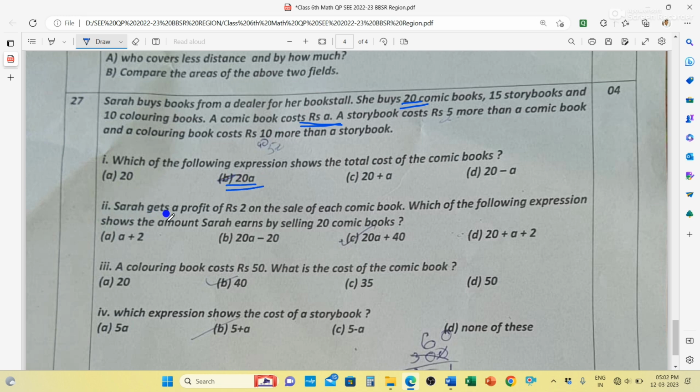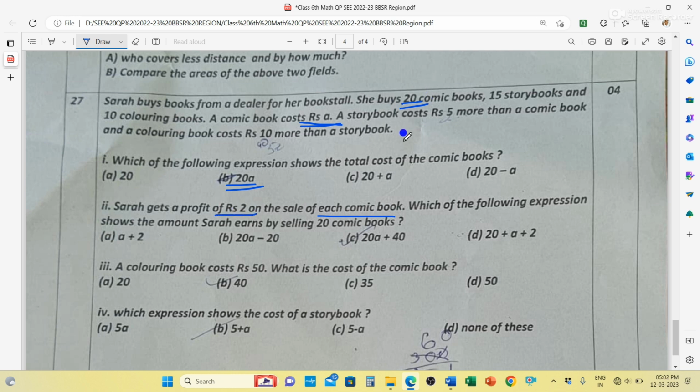Sarah gets a profit of 2 rupees on the sale of each comic book. Which of the following expressions shows the amount Sarah earns by selling 20 comic books? By selling one comic book, she earns 2 rupees as profit.